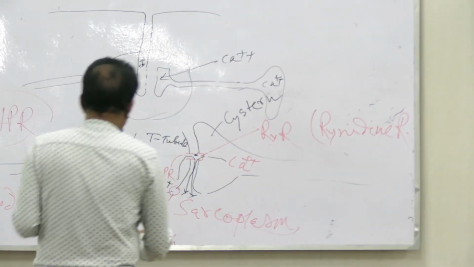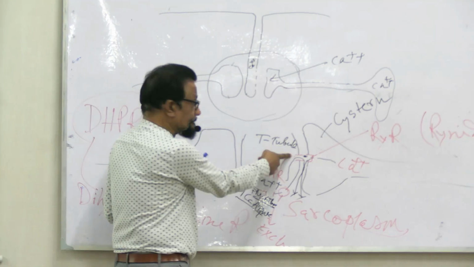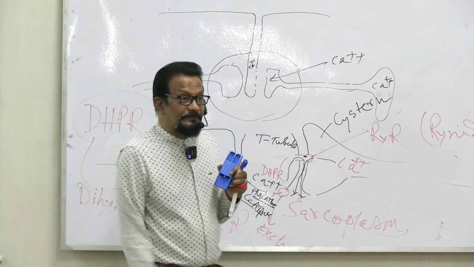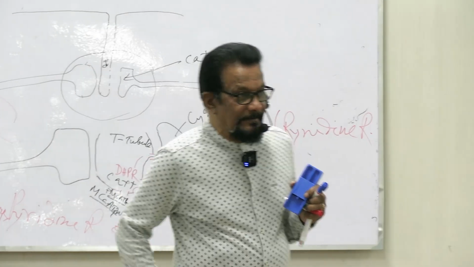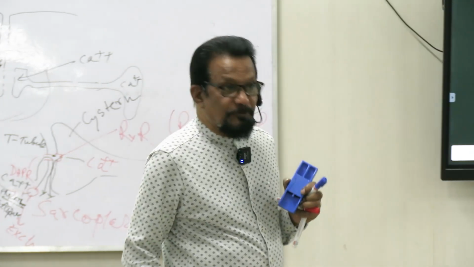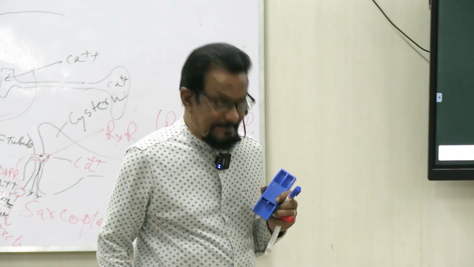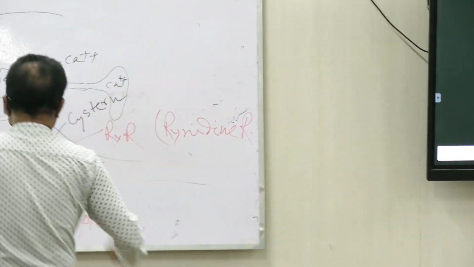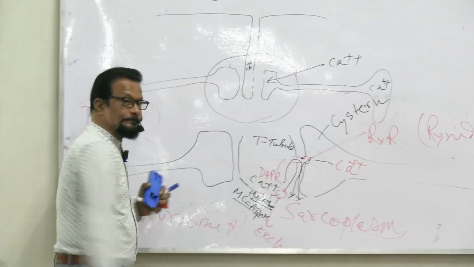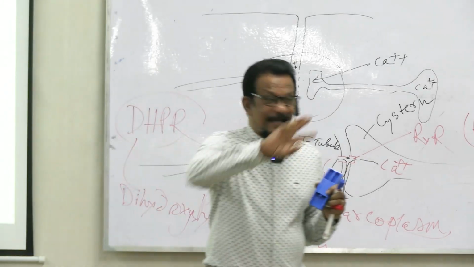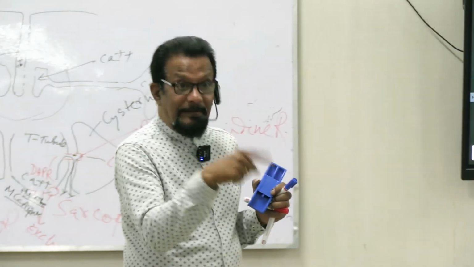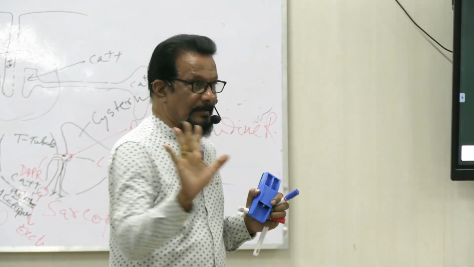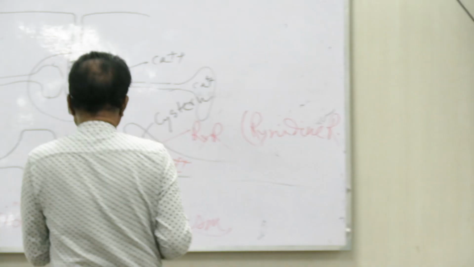What are these? This is one, DH. What is this DH? Dihydropyridine receptors. Other than that there are two others. One is the exchanger, another is the plasma membrane calcium ATPase. Clear? Okay.